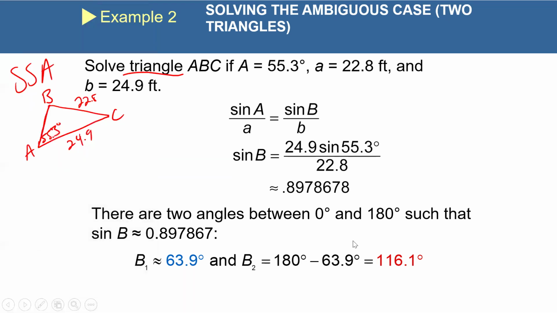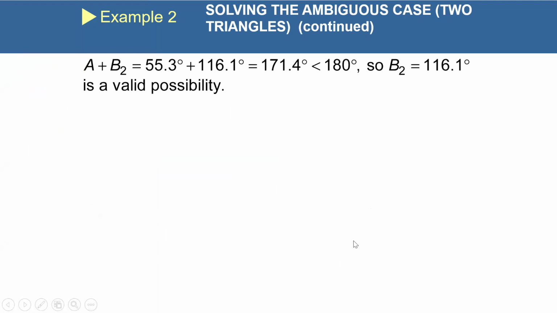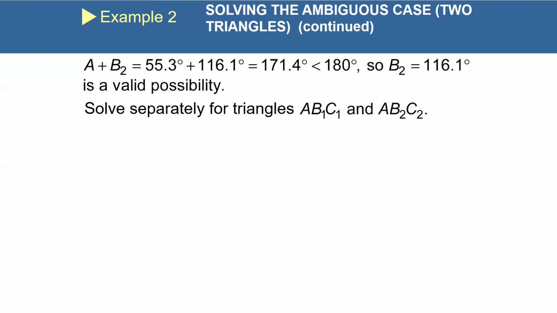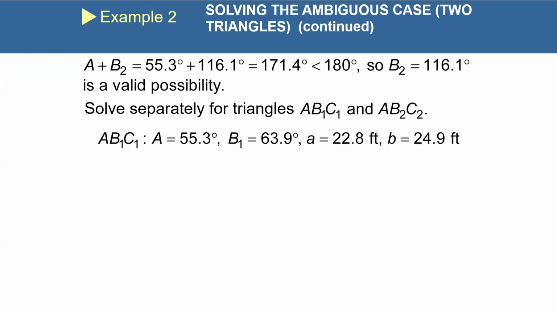Now that we have the 2 angles, our B, we can find our C. So you'll have 2 separate triangles, ABC1 and ABC2, and you would find their missing parts from there. For ABC1, you have A and B. Can you find C? Yes, you have enough information to find angle C now.